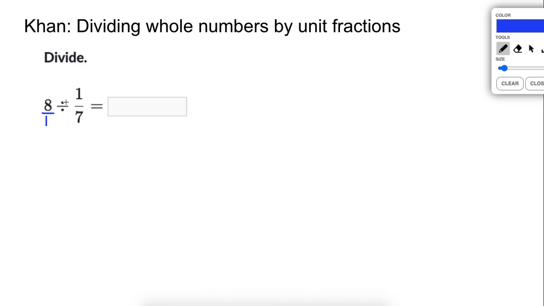But mathematically, we've been looking at division, and we realize that we can just write this out as a multiplication problem. If we just take 8 over 1 and times it by the reciprocal of this fraction that we're dividing by, we get 7 over 1, which is just what we were talking about.